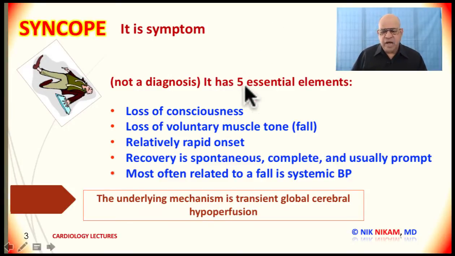Syncope has 5 elements. It is characterized by loss of consciousness. There is loss of voluntary muscle tone, especially in the extremities. It is relatively rapid in onset. Recovery is spontaneous, complete, and usually prompt. Most often, it is related to a fall in systemic blood pressure.